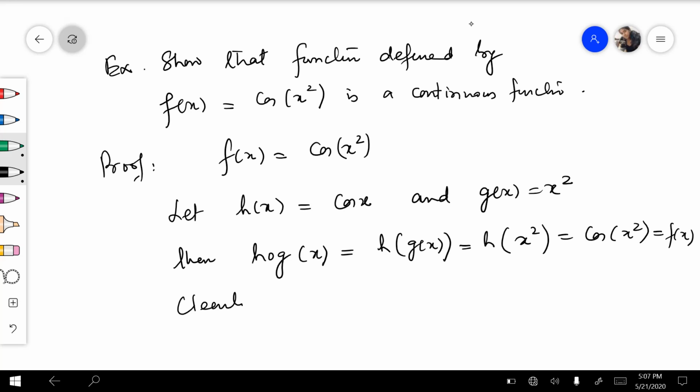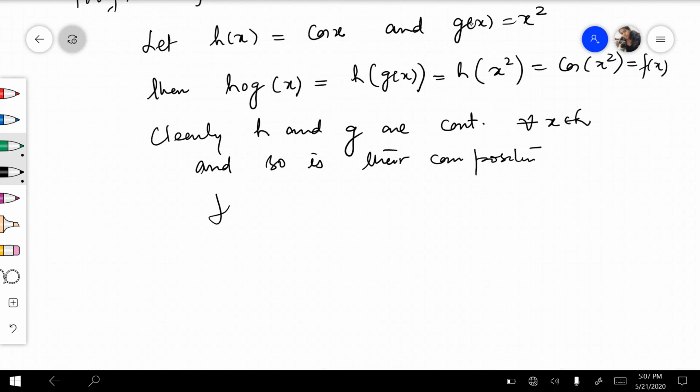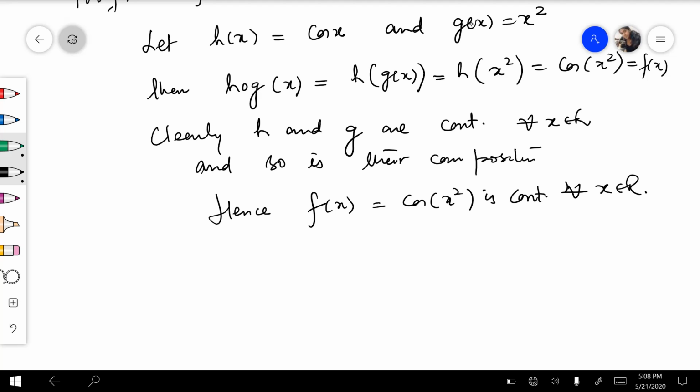Clearly h and g are continuous for every x belongs to R, and so is their composition. Hence f of x equals to cos of x square is continuous for every x belongs to real numbers.